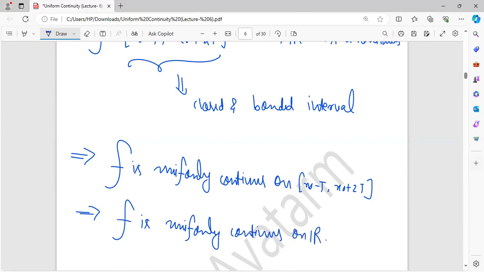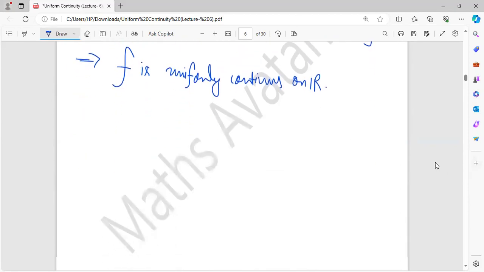So by this theorem, what do we conclude? Conclusion.